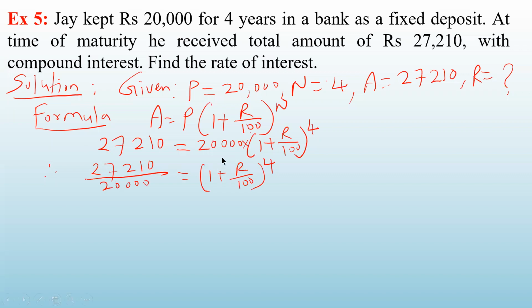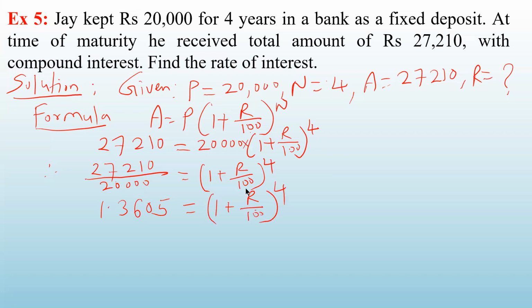So find out what is 27,210 divided by 20,000. That gives you 1.3605. This is equal to 1 plus R upon 100 raised to power 4.